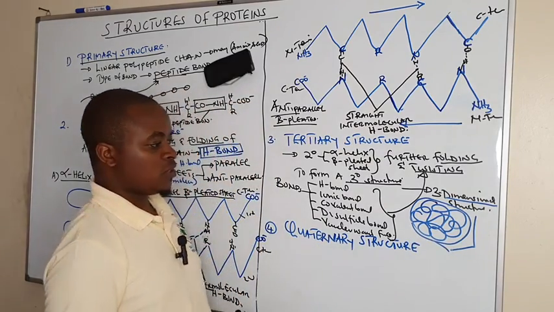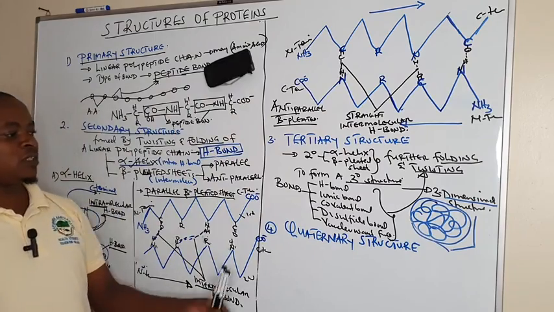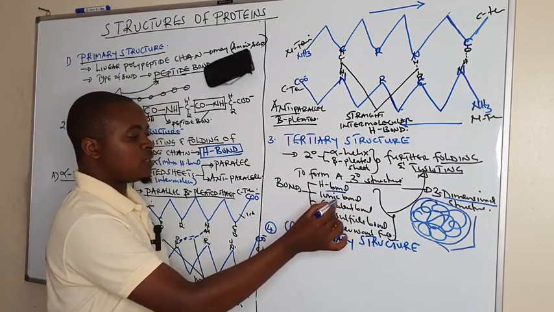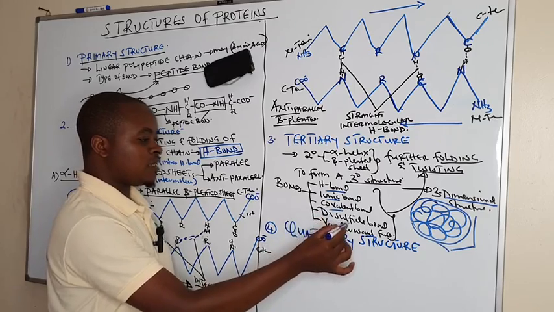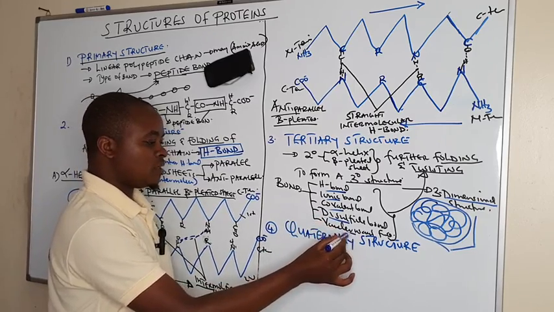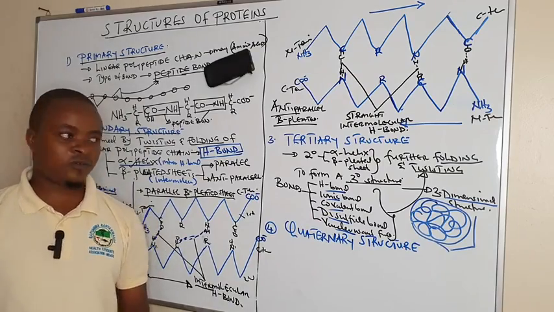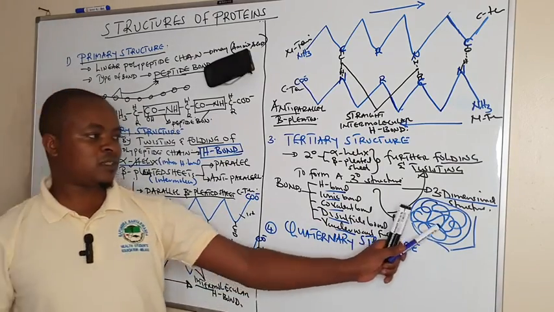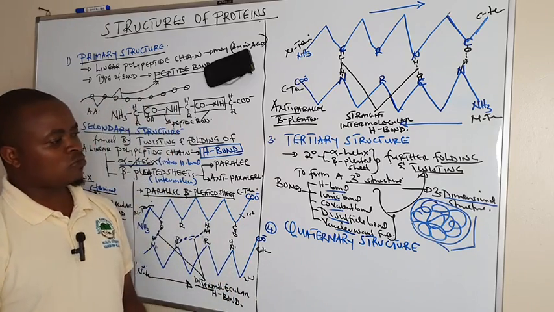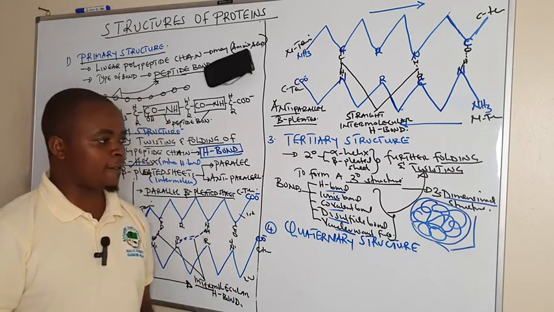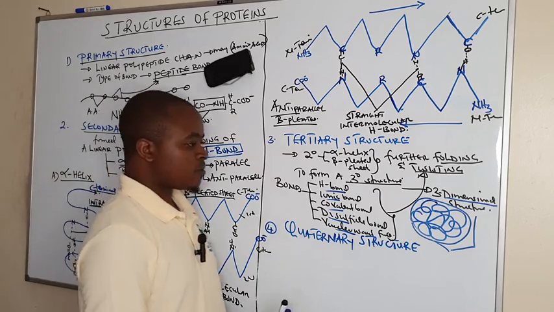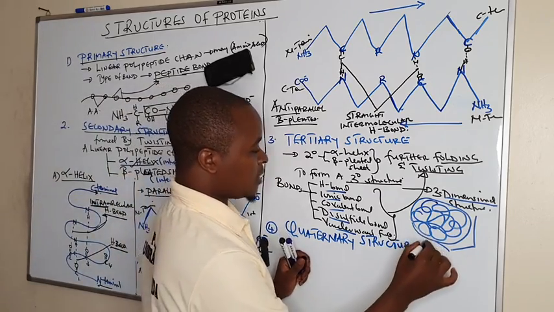It is due to further folding and twisting due to interaction of the hydrogen bonds, ionic bonds, covalent disulfide bridges, and van der Waals forces, which forms this tertiary structure. And this tertiary structure formed is catalytically active.